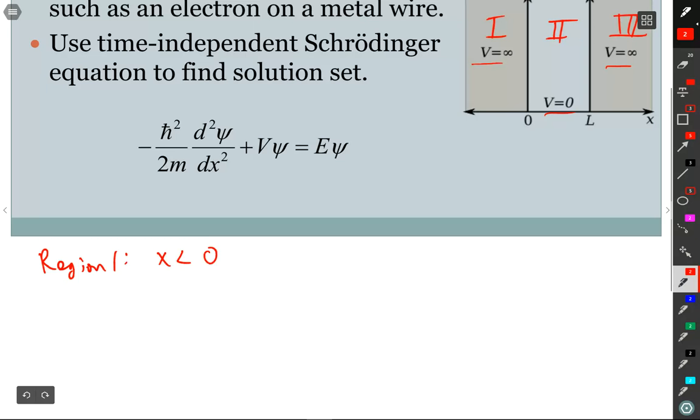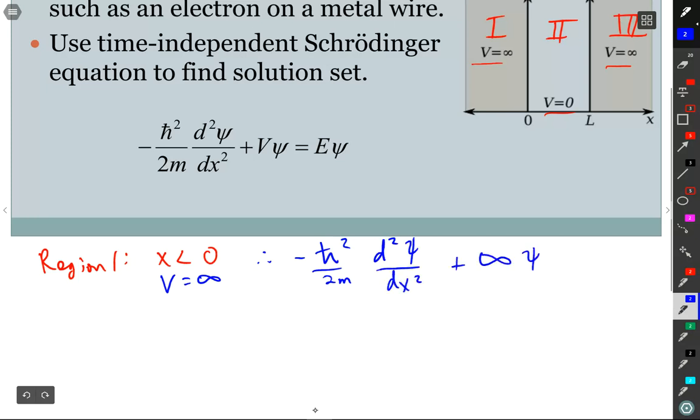I'm going to have V equal to infinity, so I have minus h bar squared over 2m d second psi dx squared plus infinity psi equals E psi. I should make my psi's look the same. I've been writing in script and then I wrote in block form.